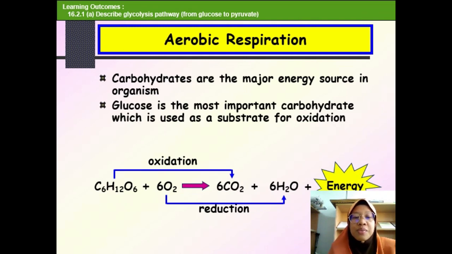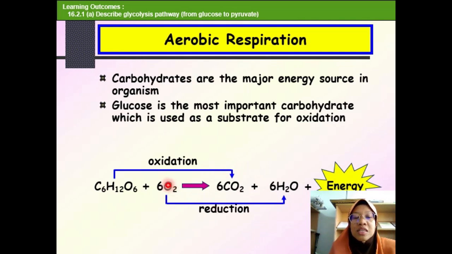So untuk aerobic respiration, it is basically when you oxidize glucose into carbon dioxide and water, right? When the glucose removes its hydrogen, this hydrogen is accepted by oxygen. When you remove the hydrogen from the glucose, the glucose loses its hydrogen, so it will become carbon dioxide.